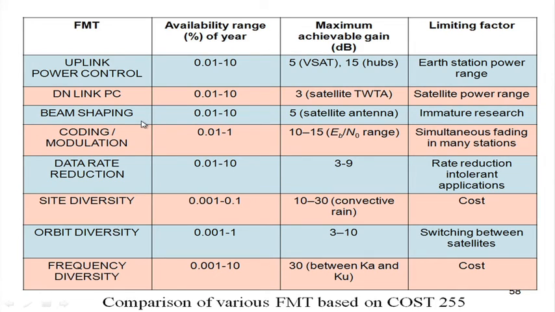Now beam shaping is idea level only. Till now very few people have experimented commercially; I am not at least aware. That means during the fade you change the pattern of the antenna itself, so that in the areas which are getting the fade or rain, you are providing larger antenna gain by shaping the antenna beam.